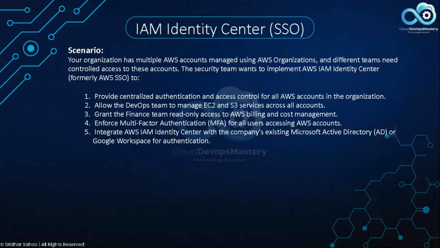Second, it supports multiple identity sources. Now AWS has its own identity center, this IAM Identity Center, which AWS provides. Other than that, there are external identity providers like Azure Active Directory or Active Directory directly.